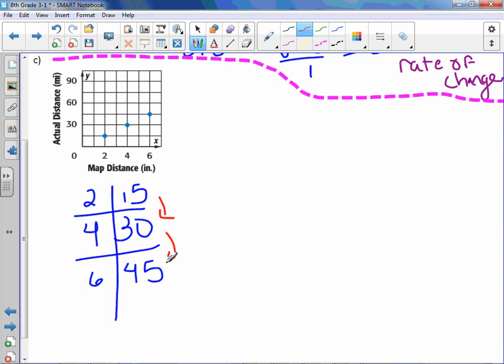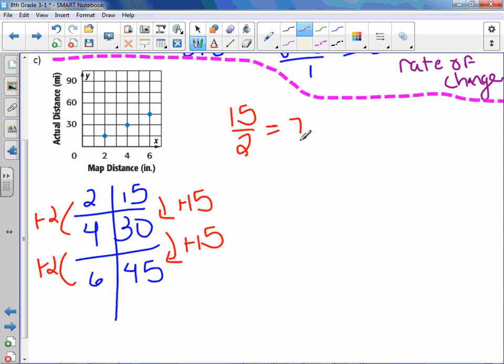First, let's see if it's linear. It's adding by 15 on this side and adding by 2 on this side. So 15 over 2 is 7.5. So I know it's linear. And is it proportional?